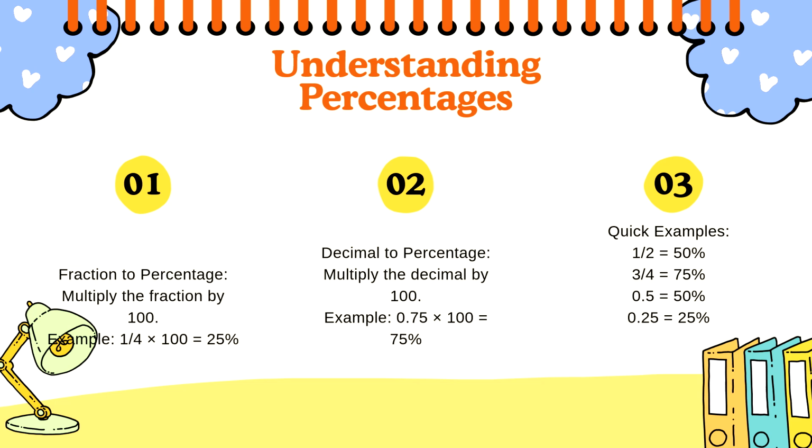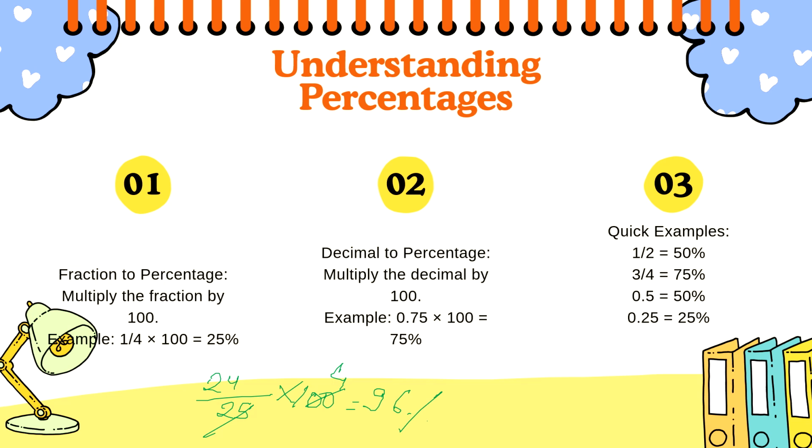Suppose we have got 24 marks out of 25. We have to convert it into percent, so we just multiply it with 100 and then solve it. 25 goes into 100 four times, so that will become 96. It means you got 96% marks.